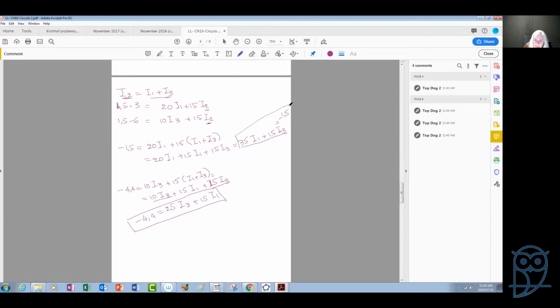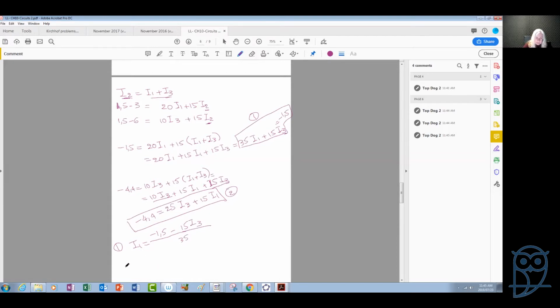So you see now I have two equations with two unknowns. So I have reduced my equations. Anyway, if we do the calculations, we can solve for I1, for example. Let's call this 1 and this 2. For 1, if I solve for I1, this will be equal to minus 1,5 minus 15 I3 divided by 35.